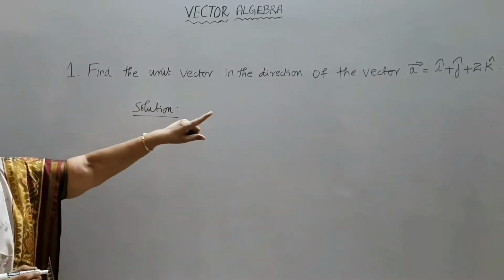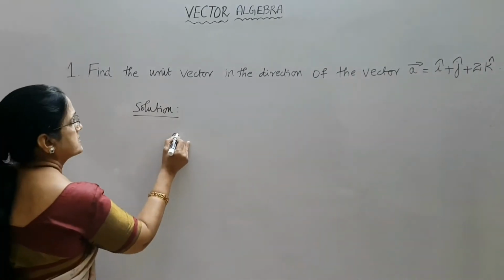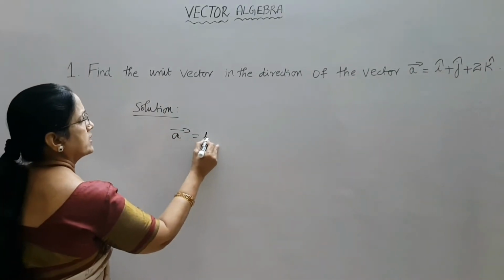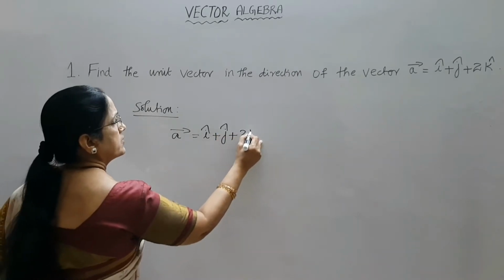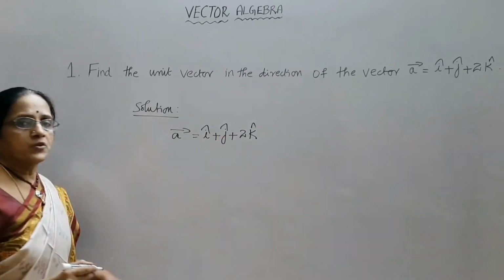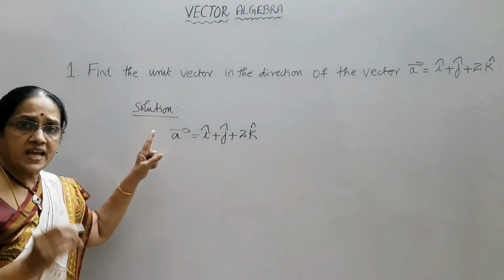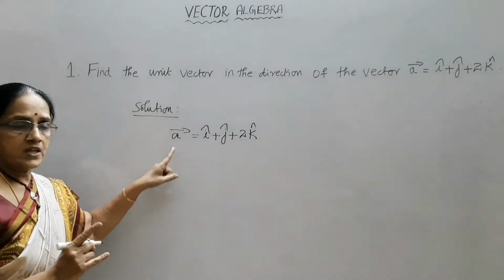You have been given vector A as A vector is equal to i cap plus j cap plus 2k cap. You need to find out the unit vector along A vector.